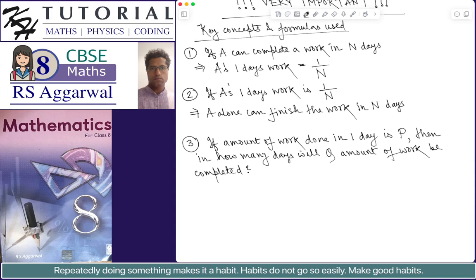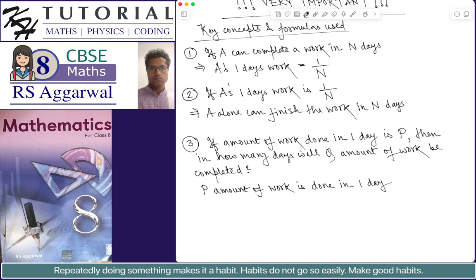So the way we find is that P amount of work is done in one day. We know that P amount of work is done in one day. Now the concept I used to find this is basically the unitary method.